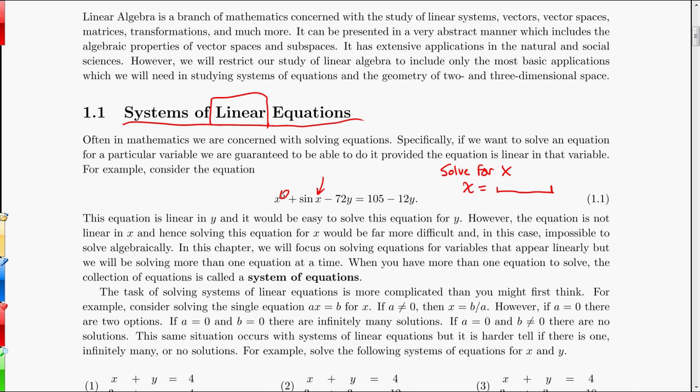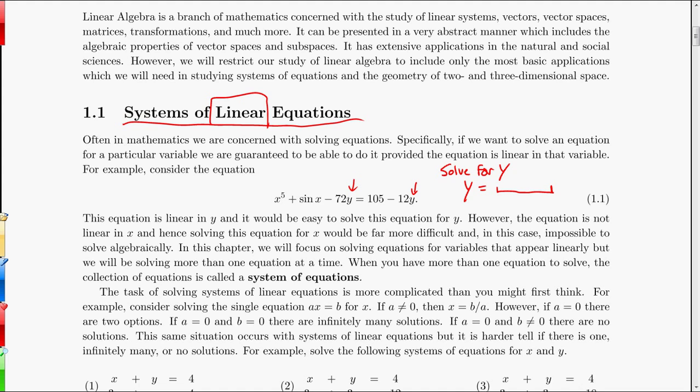On the other hand, if you were asked to solve this equation for y, y equals some stuff, and I don't want any y's on the right-hand side, that's actually a lot easier. Because I have a y here, it's multiplied by a negative 72, but that's okay. It's not raised to any powers other than 1, and there's a y here as well.